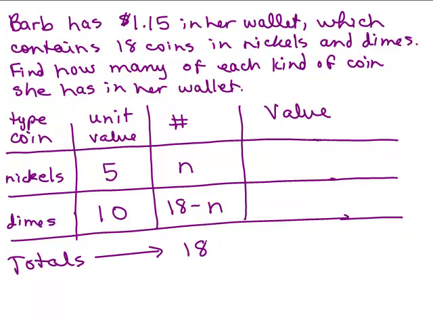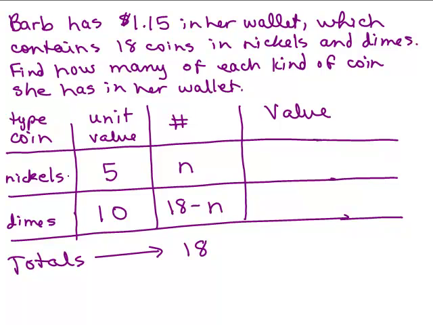The total number of coins is 18, and convince yourself that n plus 18 minus n actually equals 18, because see how the n minus n, they're going to cancel out basically. Now, you could have let the dimes be D and then the nickels be 18 minus D. It doesn't really matter. I decided to go with N for nickels.